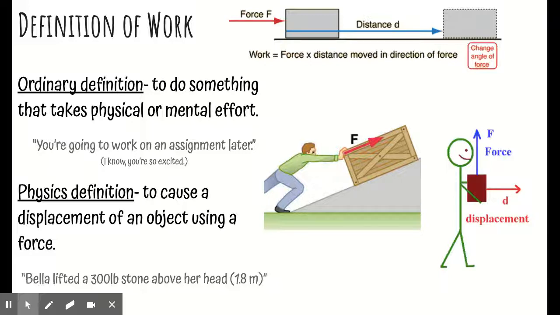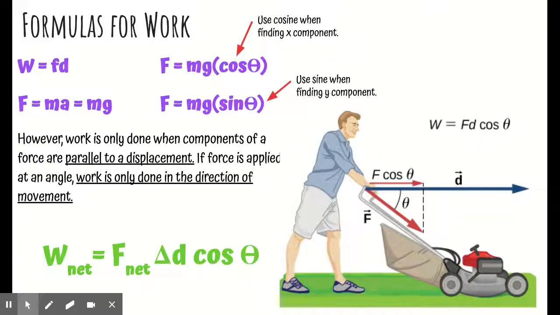As the simple definition, any amount of force being applied that causes the displacement is going to be the definition of work. Because of that, our basic formula for work is W equals F d. So work is force times distance, or displacement.